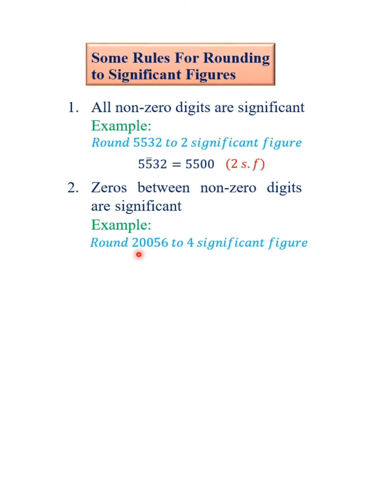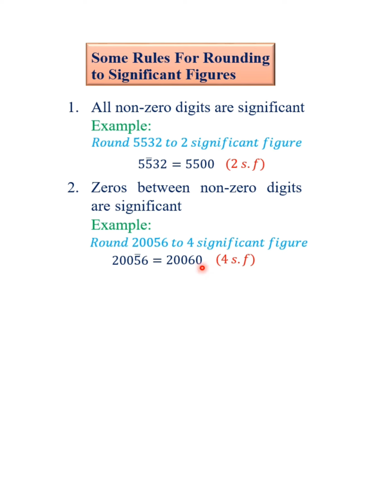So 2 is the first significant figure, 0 the second, 0 the third, 5 is the fourth significant figure, which is our focus. So I put a bar across this and we have 20056 to 4 significant figures. 5 is the focus. We look at the number after 5, which is 6. We can round it up to the next number and that becomes 6. So this becomes 20060 to 4 significant figures.